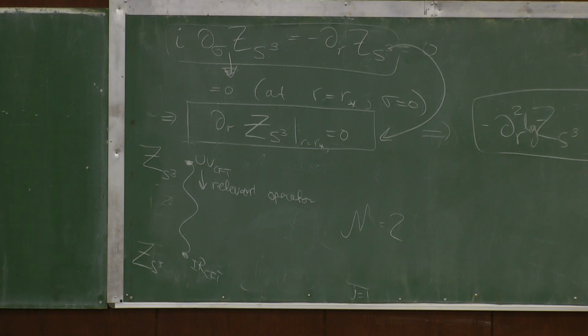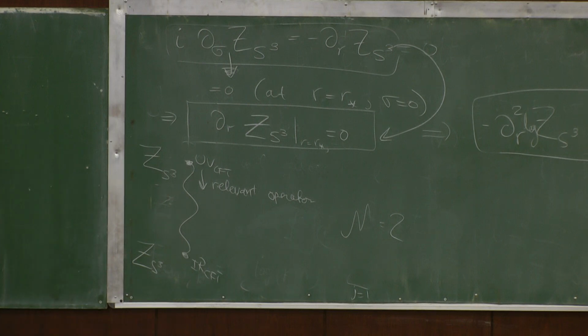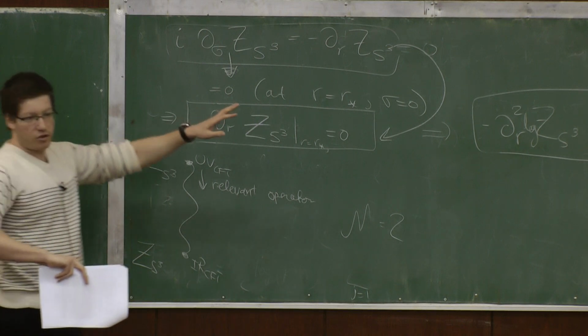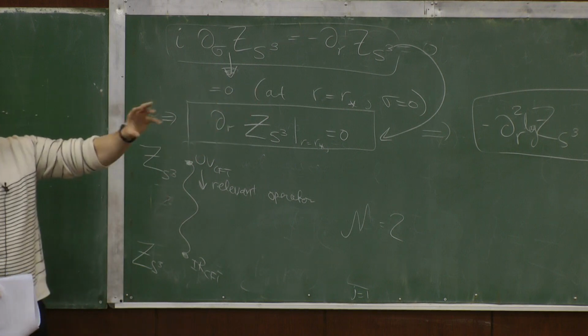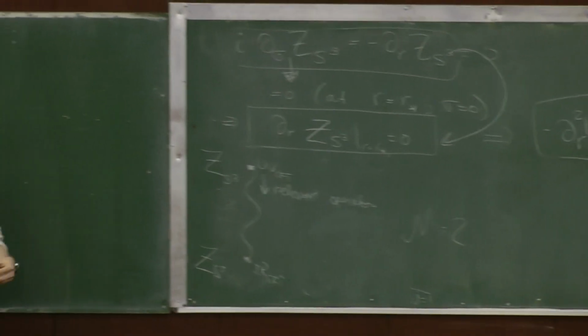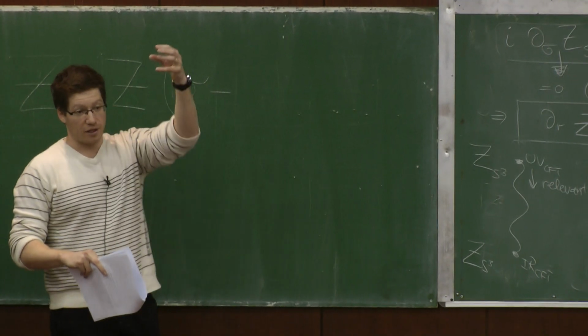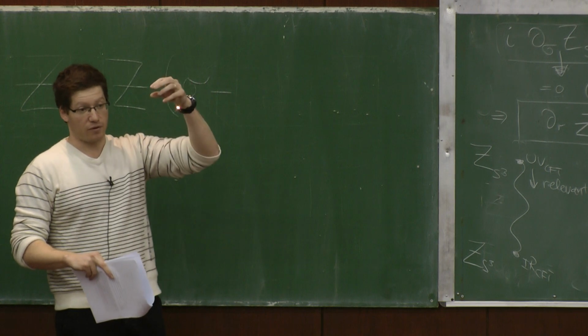If you have any physical flow, this is a general rule that holds in many examples, not always, but it's a pretty good guideline. So if you have a physical theory at short distances with some number of symmetries, when you deform this theory and you flow to a new fixed point in the infrared, this new fixed point will have fewer symmetries than the original number of symmetries of the UV fixed point.